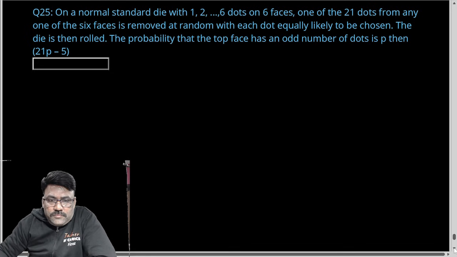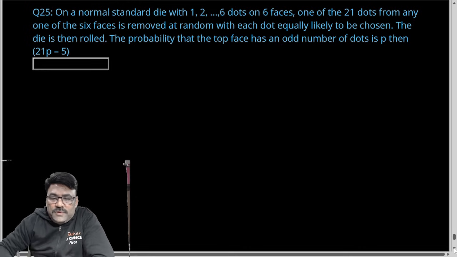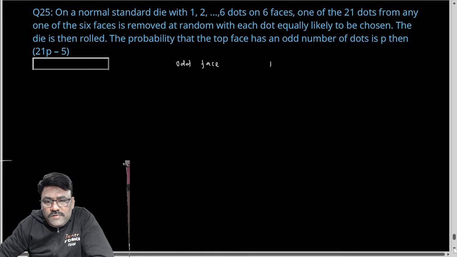I don't know from which face the dot is removed, so two possibilities are there. The dot is removed from an odd face, or the dot is removed from an even face.